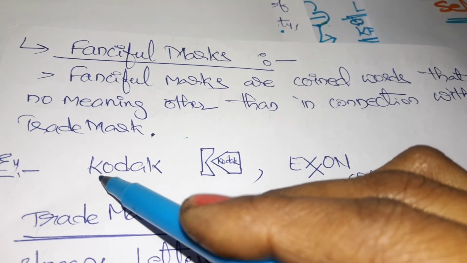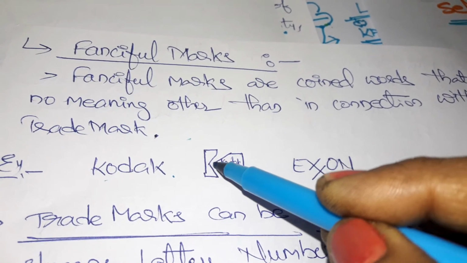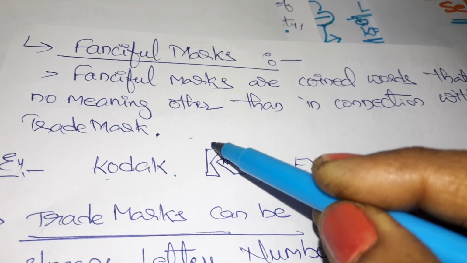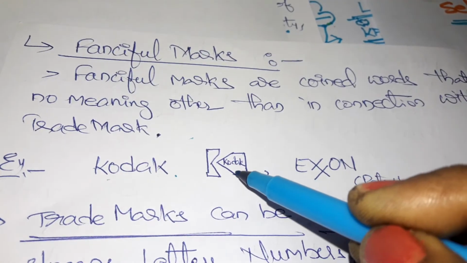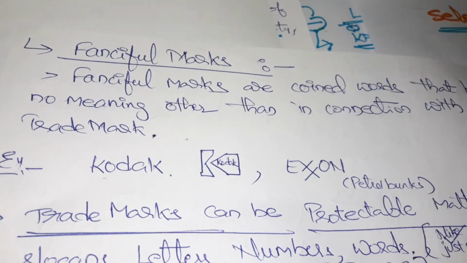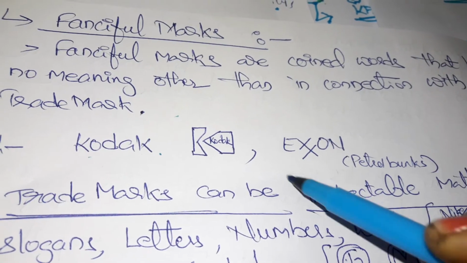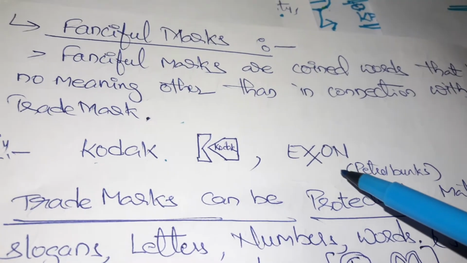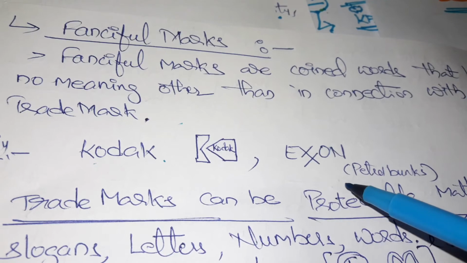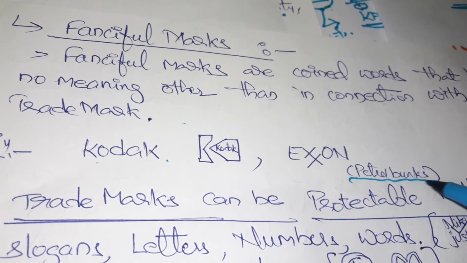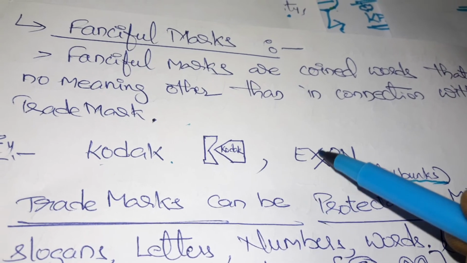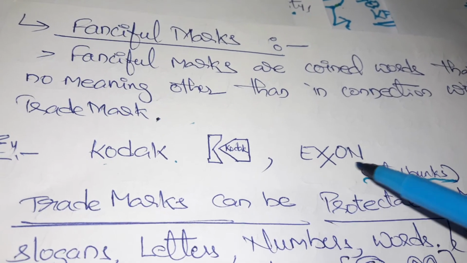For example, for Kodak, the symbol will be like this. We represent it in the form of a fancy name for Kodak cameras and so on. This is one of the fancy marks. Exxon, this is usually for petrol bunks in other countries. So this is also a fancy mark.